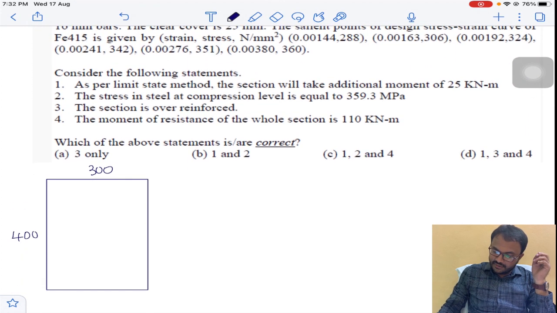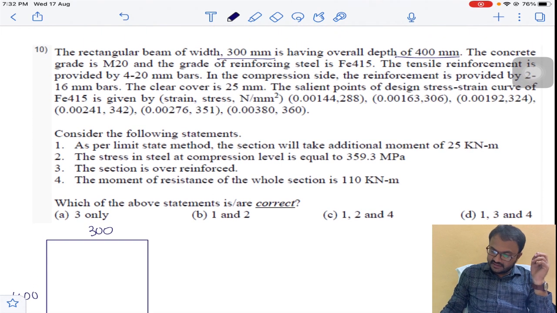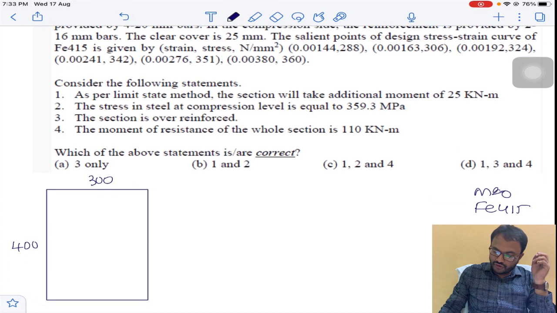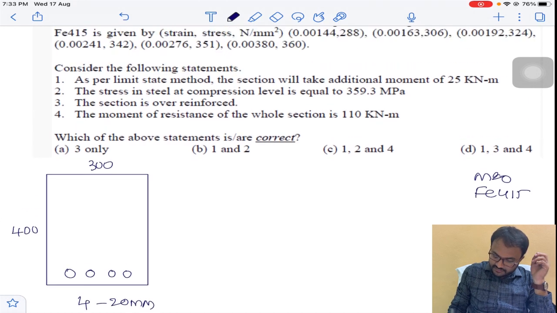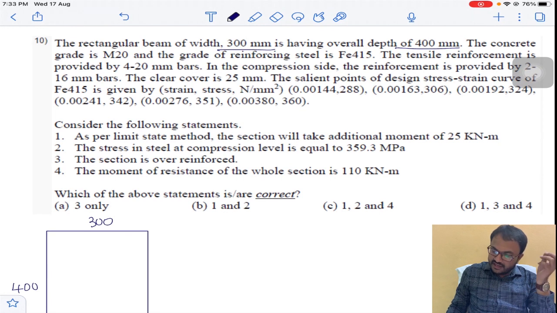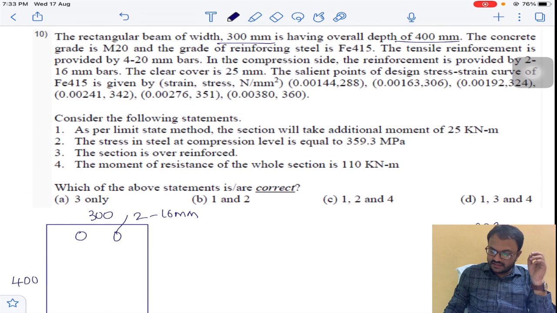The concrete is M20, Fe415, and the tensile reinforcement is 4 bars of 20 mm: 1, 2, 3, 4. So 4 bars of 20 mm, and on the compression side reinforcement provided is 2 bars of 16 mm. So 2 bars of 16 mm on the compression side.